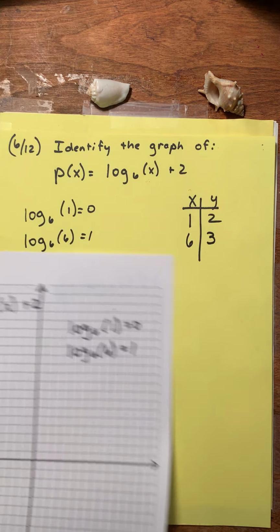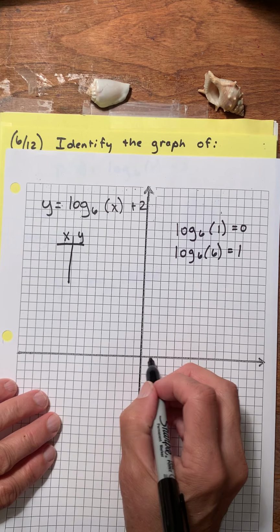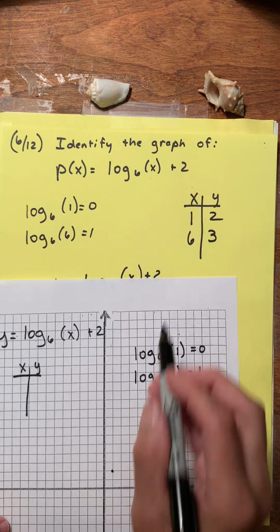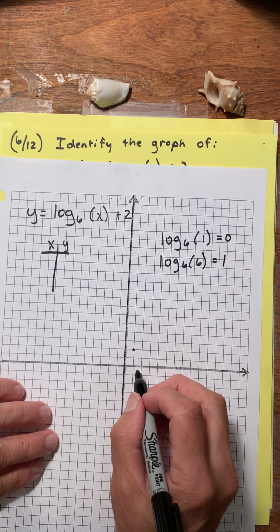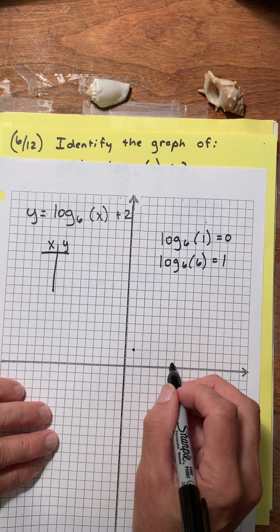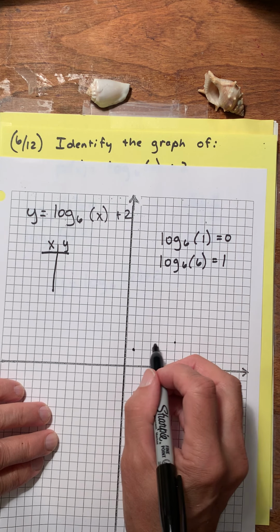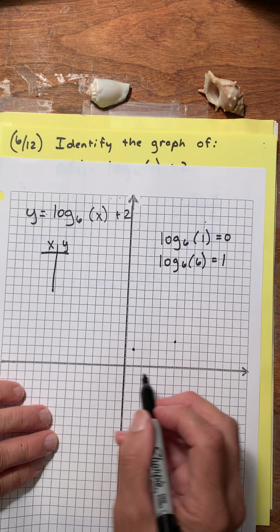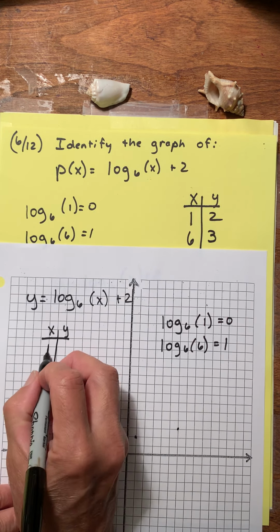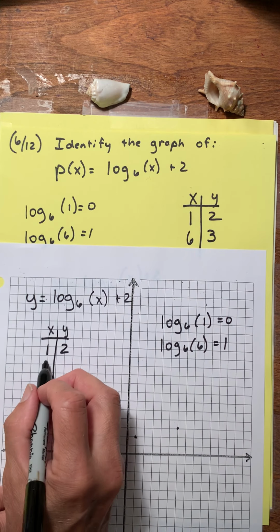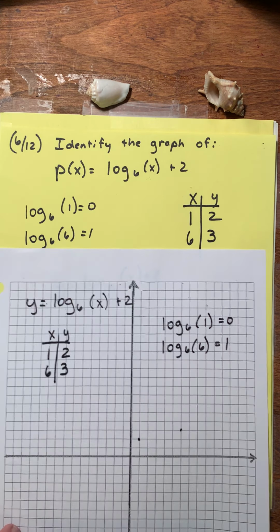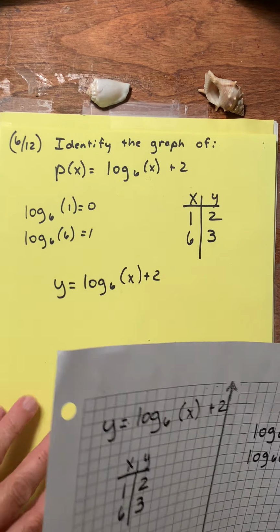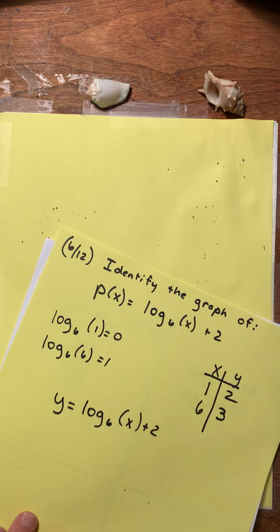So I'm going to look for the graph that has the points (1, 2) and (6, 3). Whatever that graph looks like, it's going to have those 2 points, (1, 2) and (6, 3). All right, not too bad, huh?